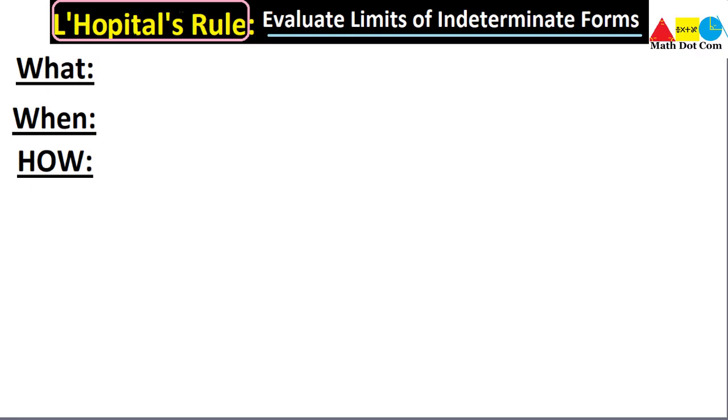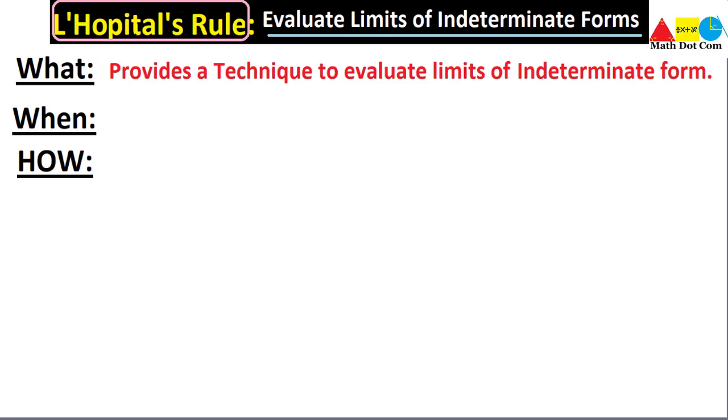So L'Hopital's rule is basically a rule that is used to evaluate limits of indeterminate form. It provides a technique to evaluate limits of indeterminate form. Whenever we come across limit questions where we have written that limit x approaches 0, x approaches infinity, or whatever the value of x is, and a function, and when we put that limit in the function we get an indeterminate form, then don't get confused about the indeterminate form.